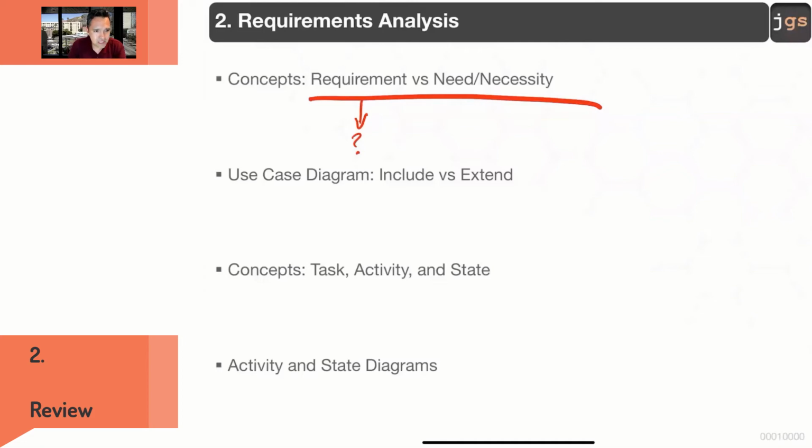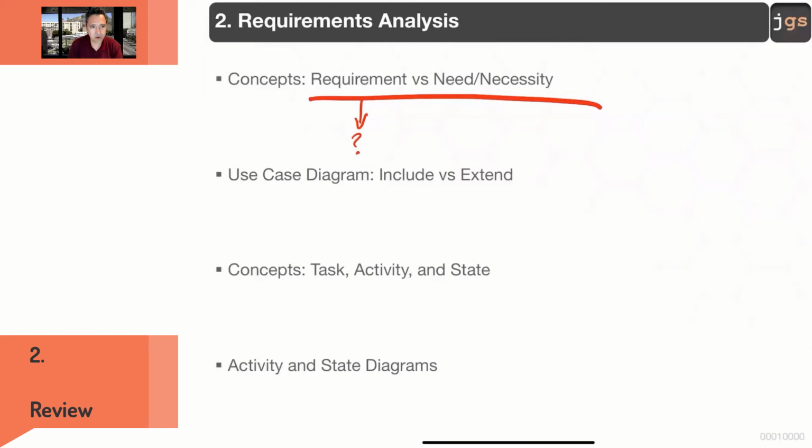Key idea. If you are asked about requirements in general, just remember that there are two types of requirements, functional and non-functional. The functional ones are services, functionalities, behaviors that the system offers. The non-functional ones are the qualities and the constraints.